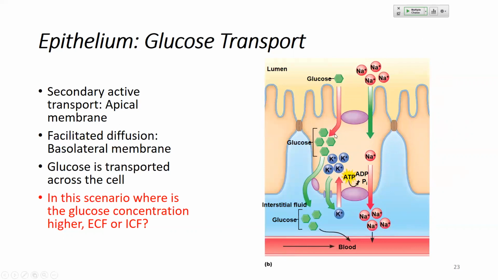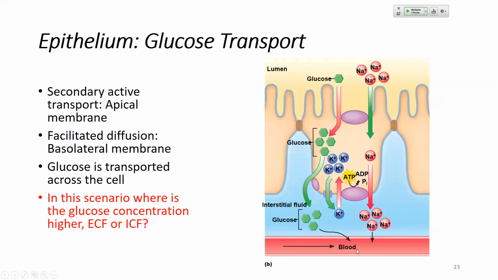When glucose enters the cell, it's then going to be transported via this carrier, and because this is a carrier, this is facilitated diffusion. So glucose is then going to be transported out the basolateral membrane and into the blood. This is how glucose and other molecules from the food we eat get from the lumen, where we bring it into the GI tract, out into the blood.